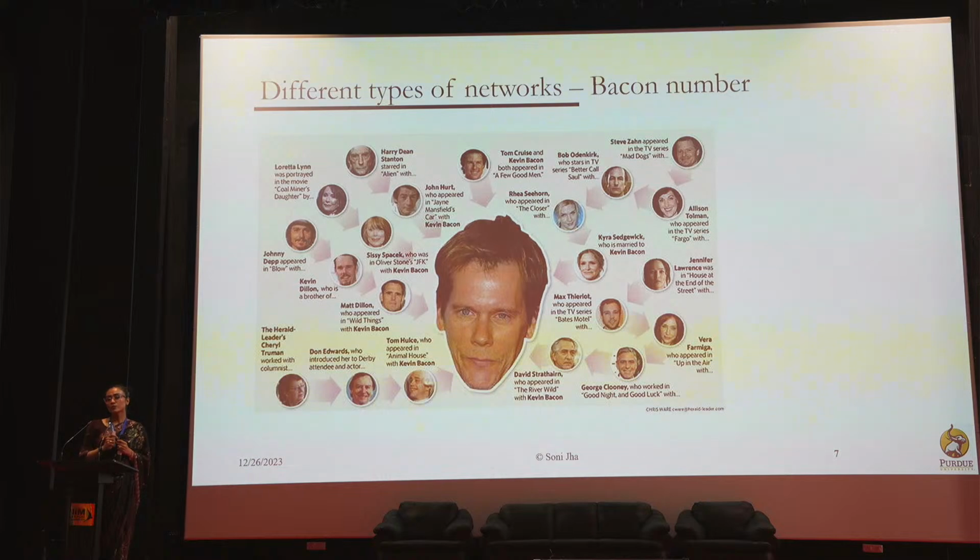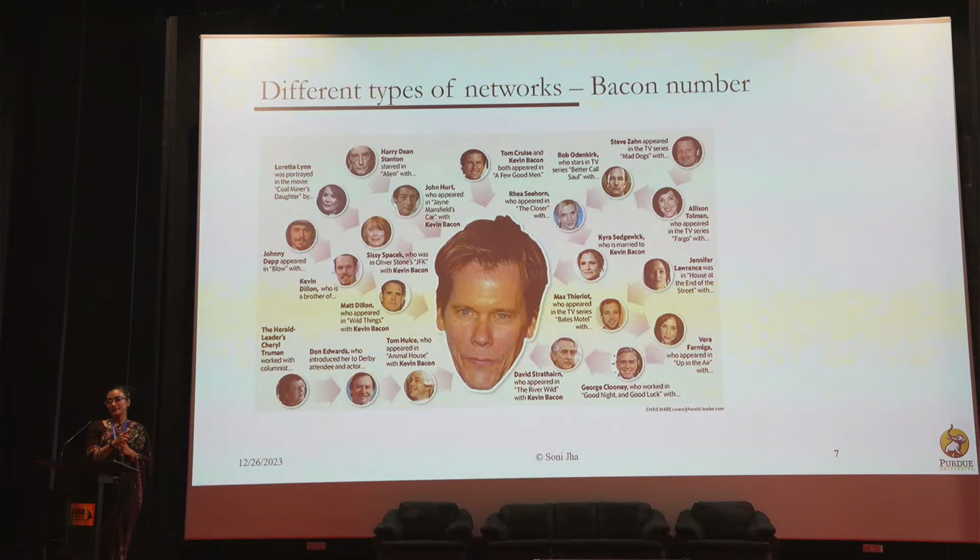Through people they have worked with in common movies. Let's say I'm an actress, I'm not, far from it. But if I was an actress in the US, do I know someone who might know Kevin Bacon? And if I do the same Milgram experiment here, then the number that I come up with will be the Bacon number. Let's say I know someone who worked with Kevin Bacon in a movie, then my number would be one.